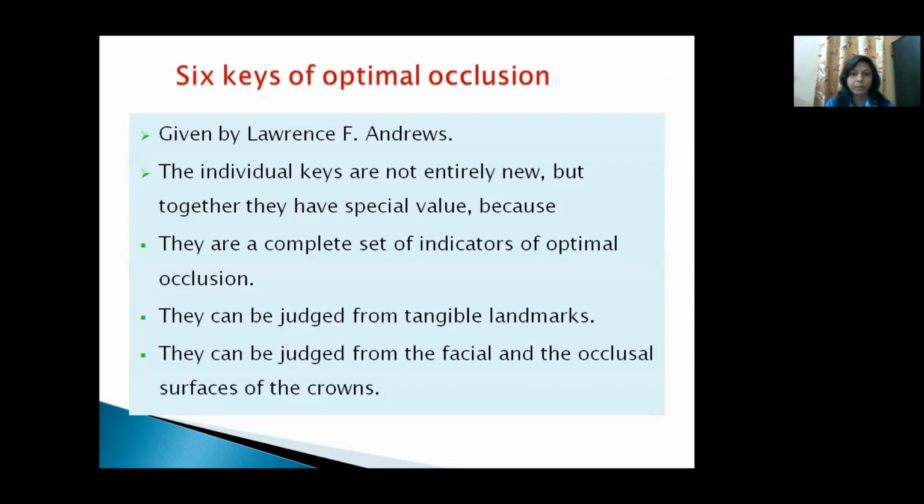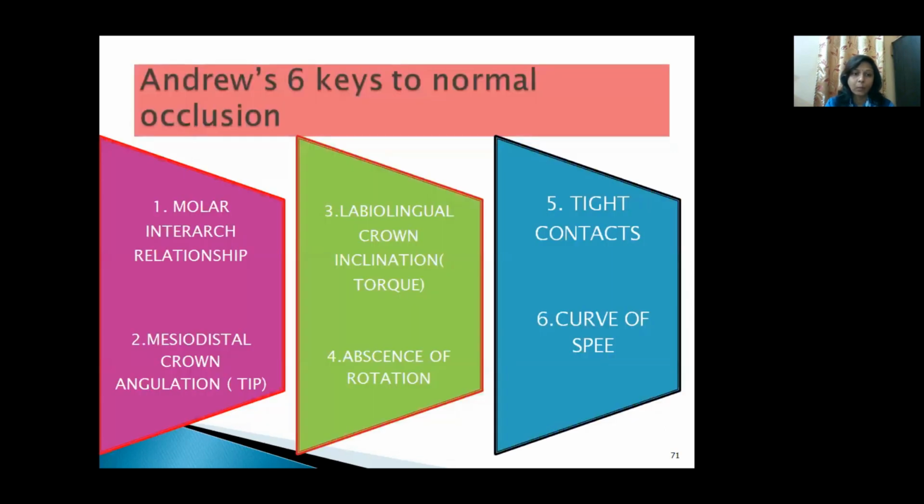They can be judged from tangible landmarks and from the facial and occlusal surface of the crown, and these are the keys on which we judge the optimality of the occlusion. These are the keys: molar interarch relation, mesiodistal crown angulation, labiolingual crown inclination, absence of rotation, tight contacts, and curve of Spee. It will be further taken up in another lecture.